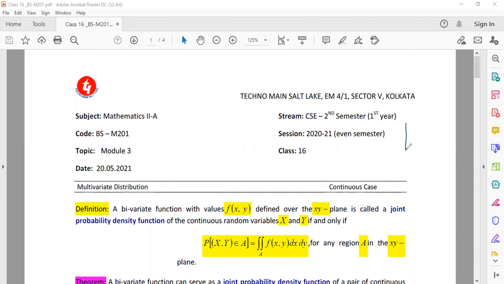Suppose we have a three-dimensional system, because whenever I talk about a function of two independent variables, that means the functional value will be along the z-axis, depending upon the two input variables which lie on the two-dimensional plane.